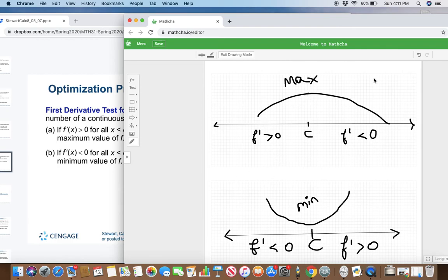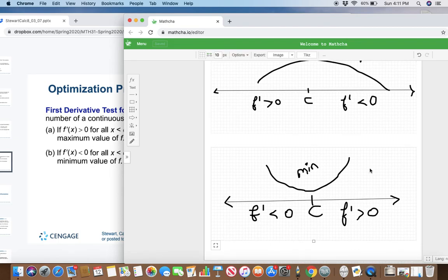Looking at the picture, here is another option. If f double prime is negative, that is, it's concave down, that's the second derivative test.